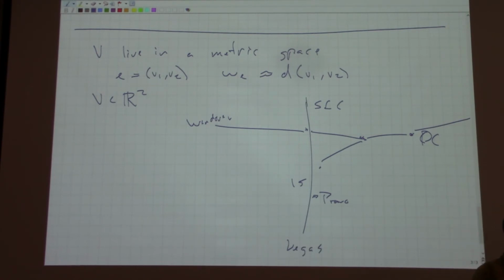Right? You have these road networks, and they kind of approximate this Euclidean distance. So it's a pretty good approximation to what's going on here.